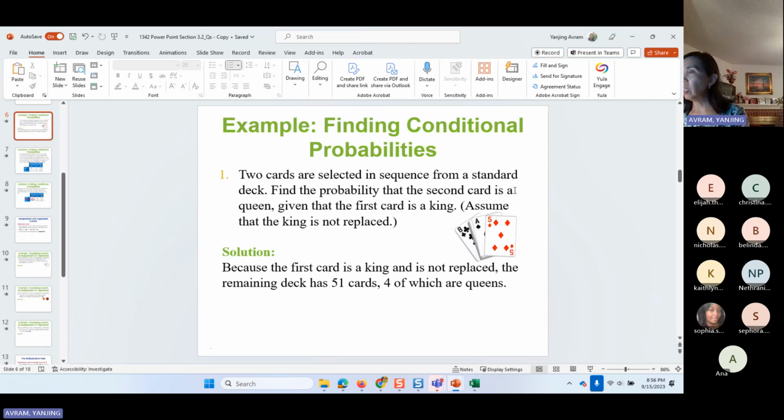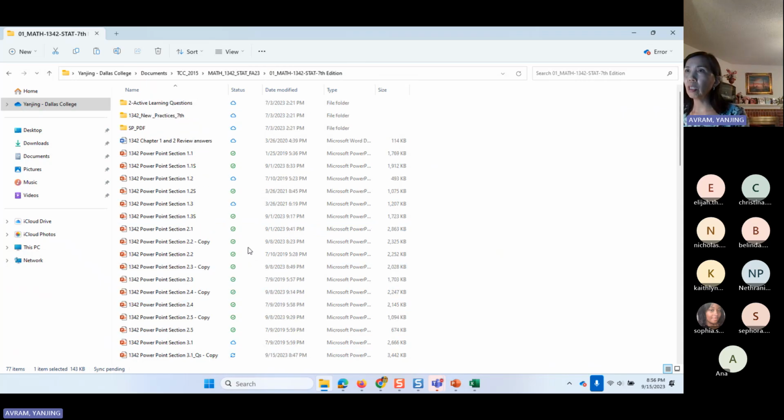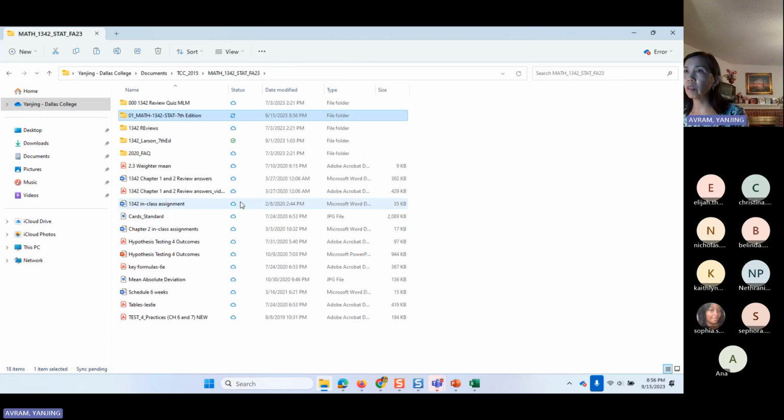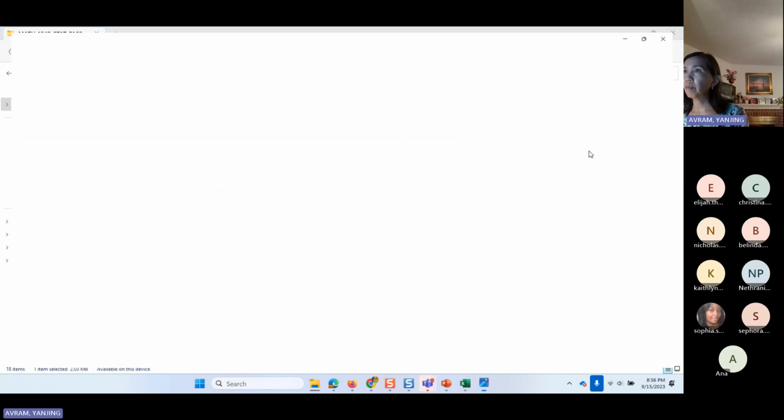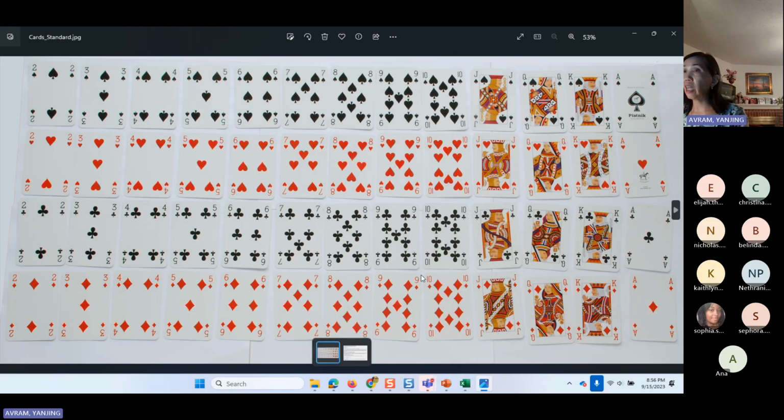The answer is yes. If you do not play cards, I usually post a picture of a standard deck on the course. Look at this one right here. This is what a standard deck looks like. You can print it out for your homework or quiz.